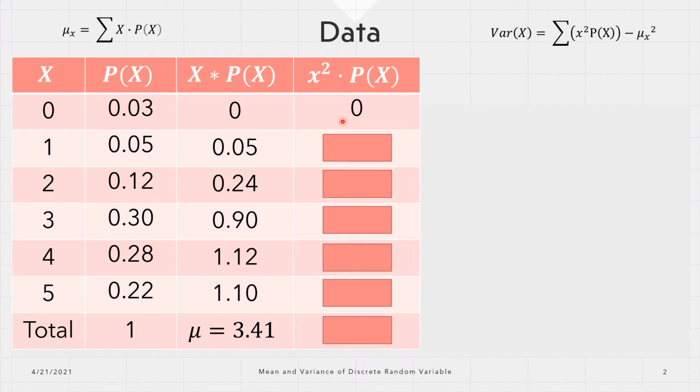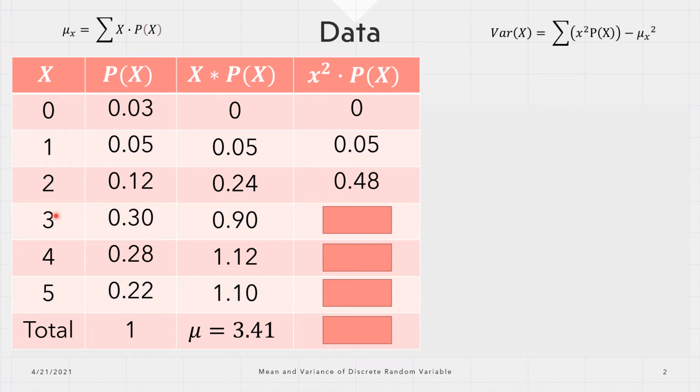For the second one, the square of 1 is 1. So 1 multiplied by 0.05 will be 0.05. The square of 2 is 4, and 4 multiplied by 0.12 will give us 0.48.